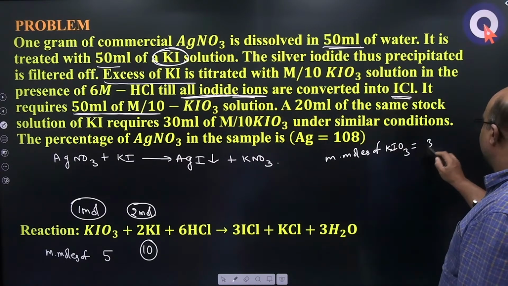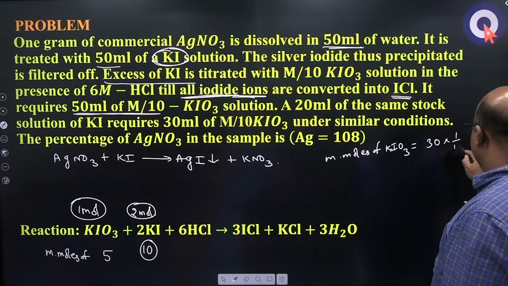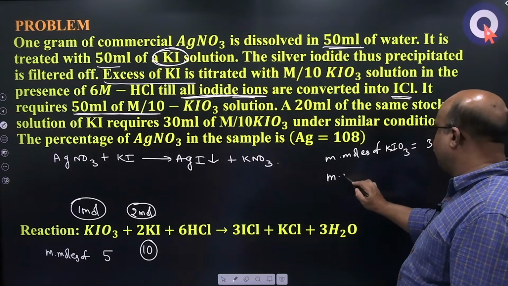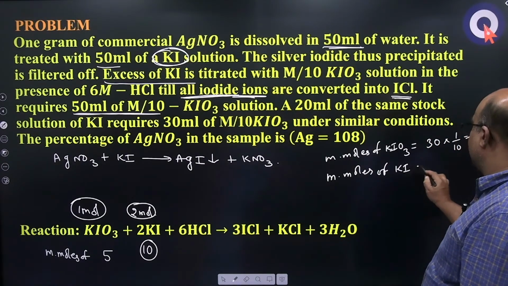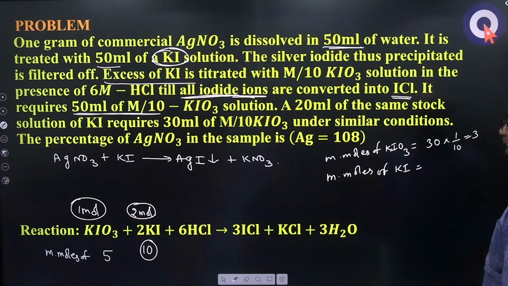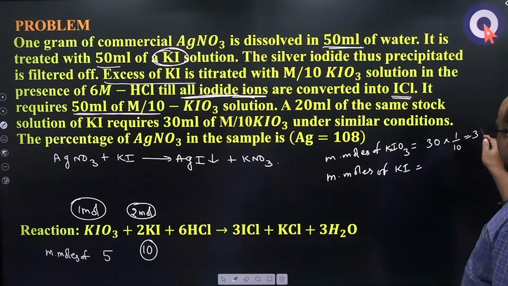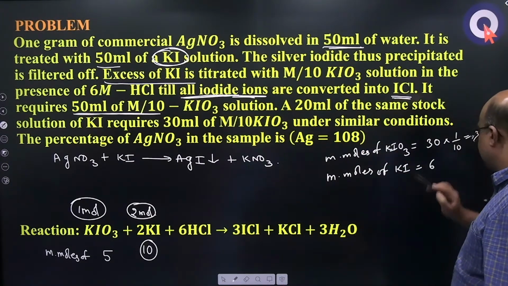That is 30 into 1 by 10, that is 3. Then number of millimoles of KI should be double, so that is 6.